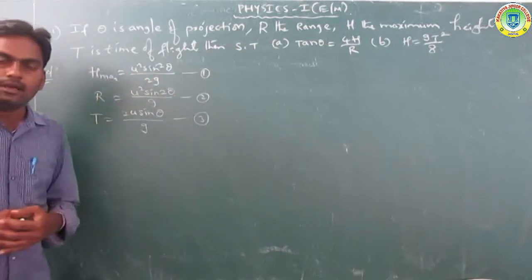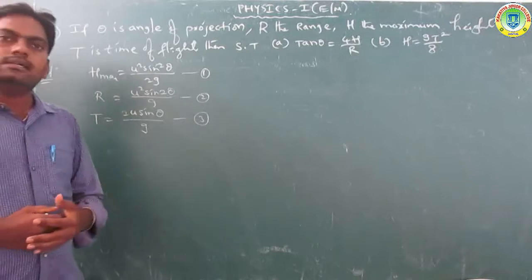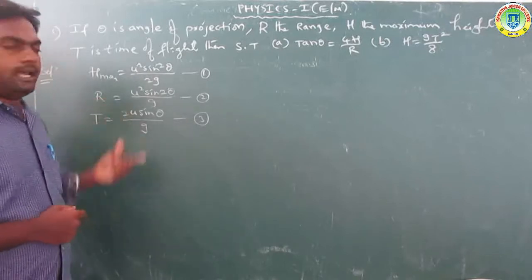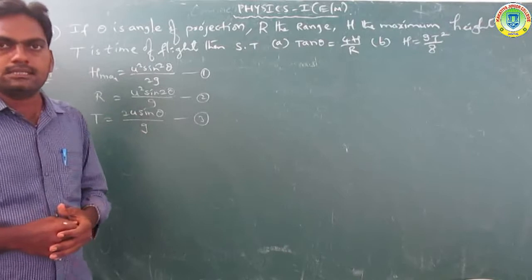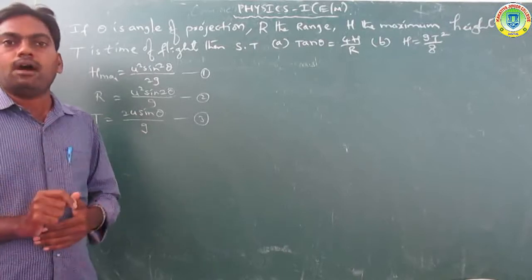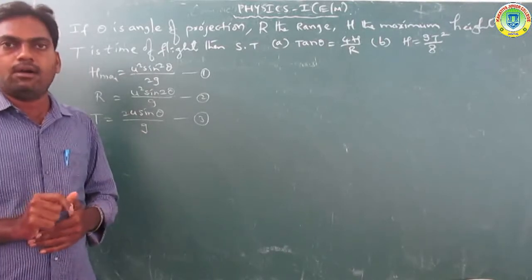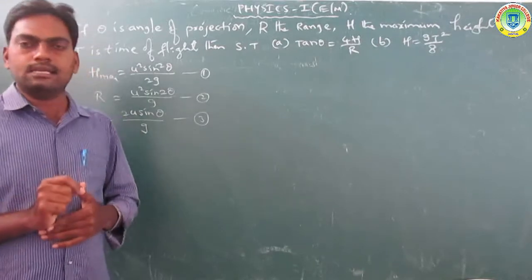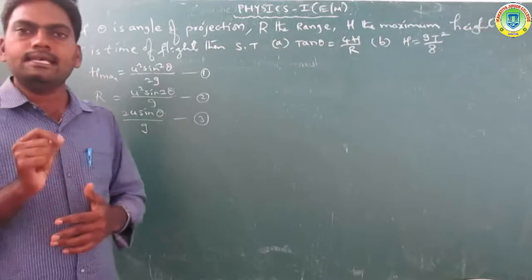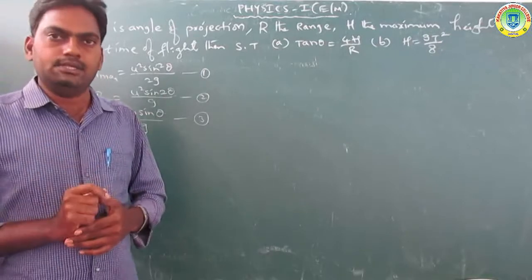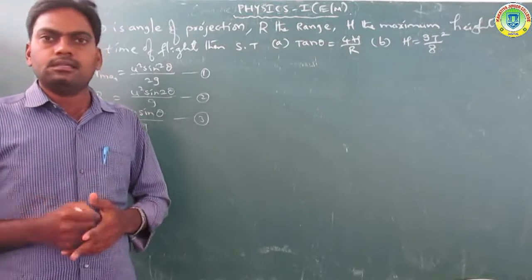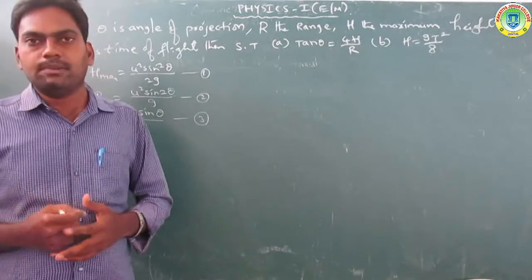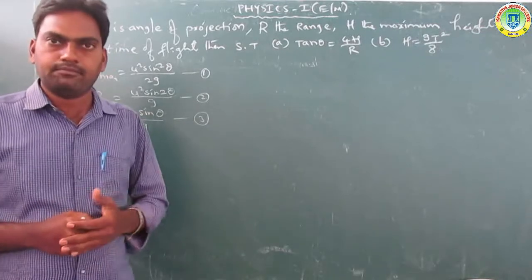Okay, clear that. Now the next topic is range. What is the range? Range is the maximum horizontal displacement or distance. In other words, distance or displacement is also taken.